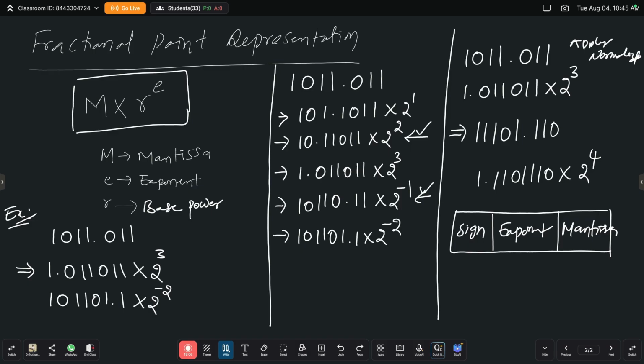What is the representation? Tell me. What is the sign number for this? 0 represents positive. Sorry, 1 represents negative. Correct? This way you can write. What is the exponent? What is the sign number here? 0. What is the mantissa here? After the dot, we can call it the mantissa. Yes or no? What is that? 1 1 0 1 1 1 0. Is that the exponent? Sorry.